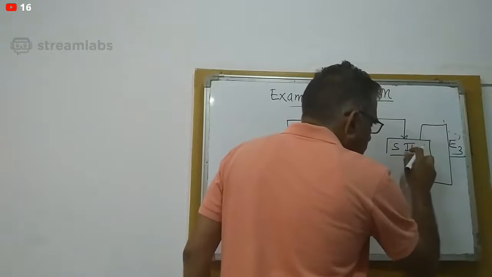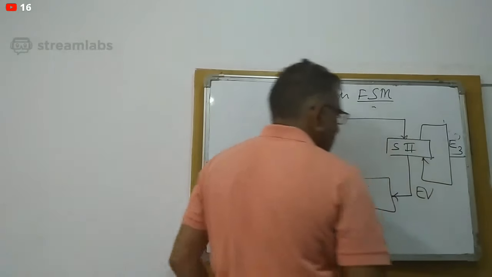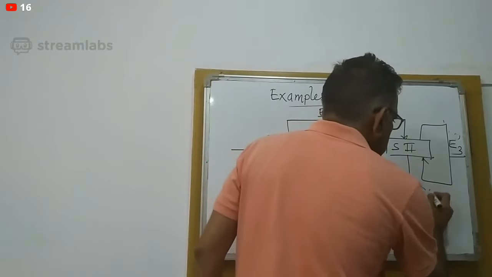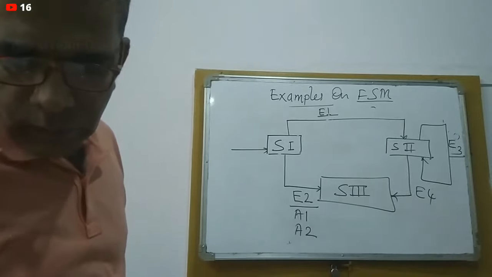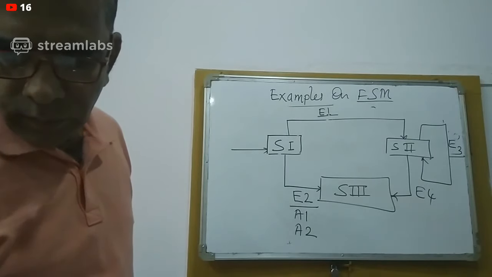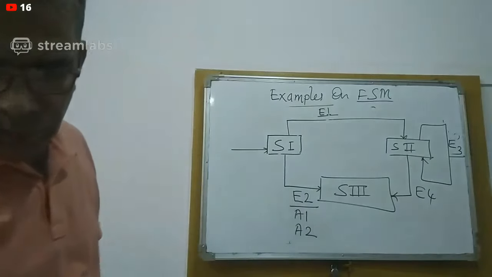And if event 4 occurs, the machine moves to state 3, and again no actions are performed.